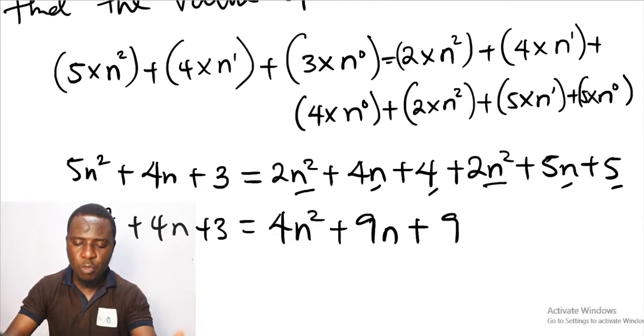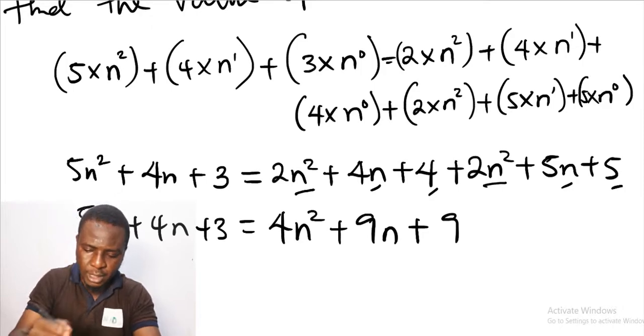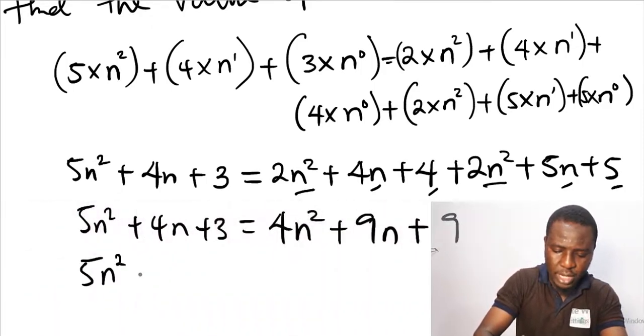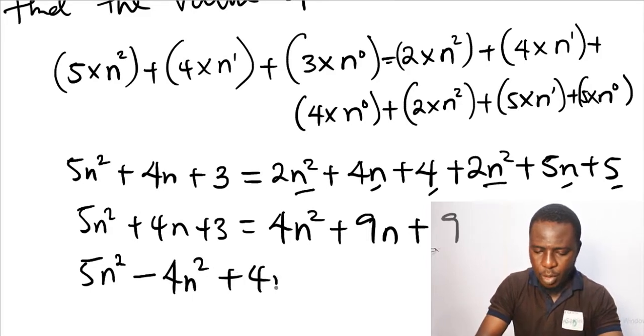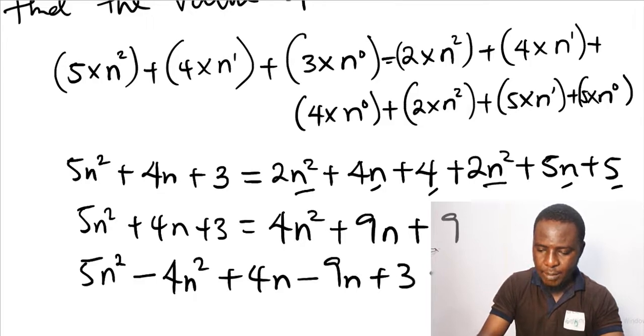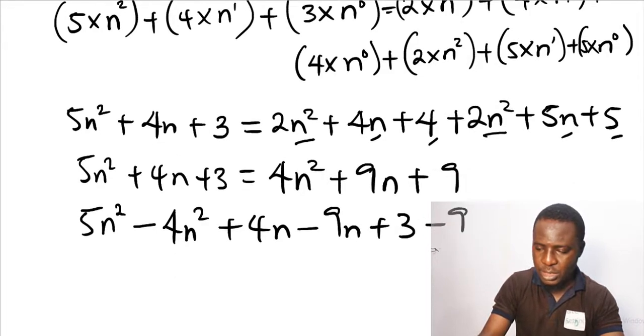Simplify further, now move all of them to the left hand side. This becomes 5n squared, I'll rearrange as I move them, minus 4n squared plus 4n minus 9n plus 3 minus 9.